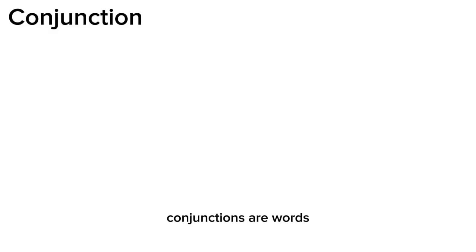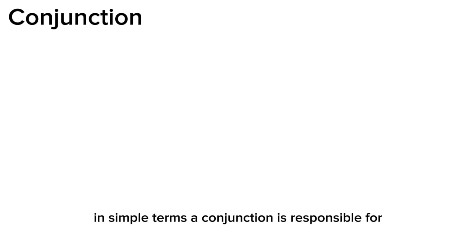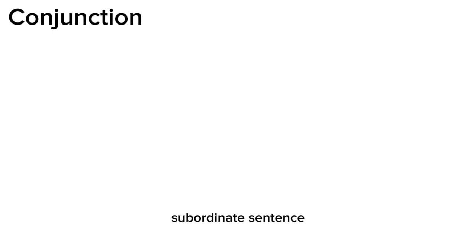Conjunctions are words used to unite equivalent language units, connecting words with words, phrases with phrases, clauses with clauses, sentences with sentences, and so on. In simple terms, a conjunction is responsible for connecting the main sentence with the subordinate sentence.